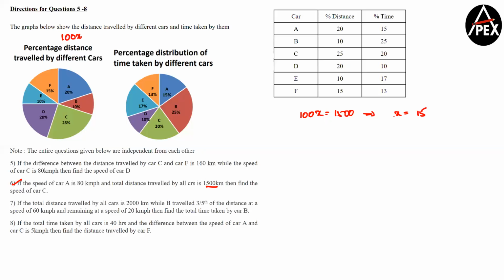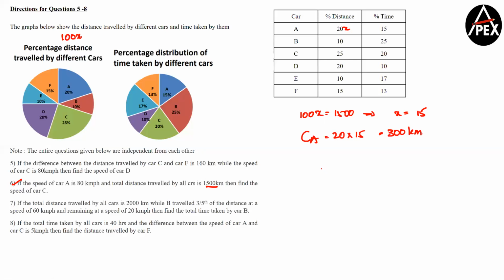So the distance traveled by car A is 20x, which is 20 into 15, which will be 300 kilometers.